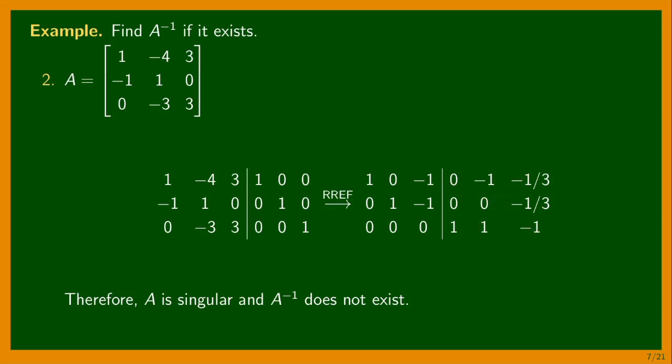Remember, if A is singular, it means that the inverse does not really exist. So unlike in the real number system or in the field of complex numbers, take note, in the field of complex numbers, all the elements, as long as they are not 0, have their corresponding multiplicative inverse.